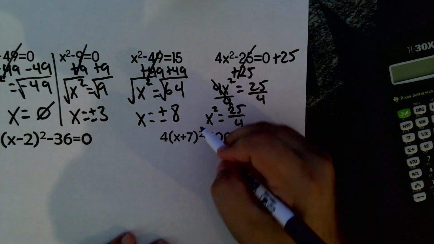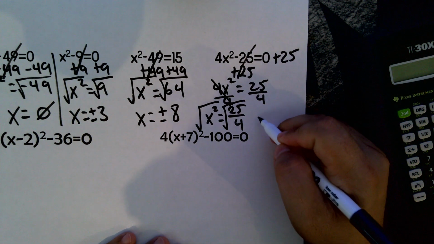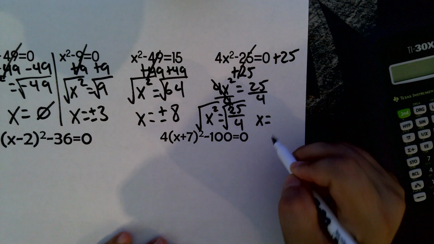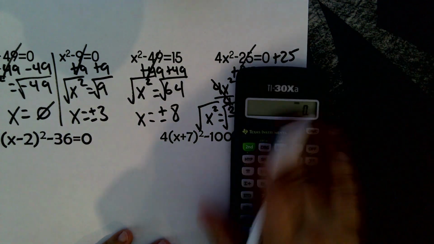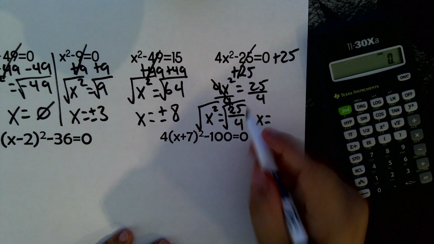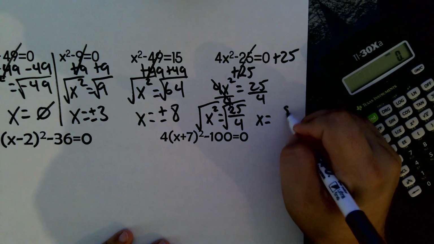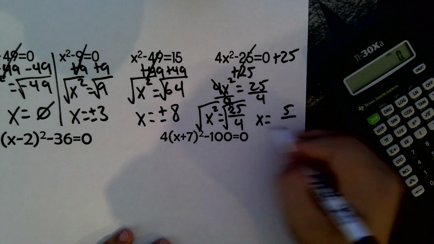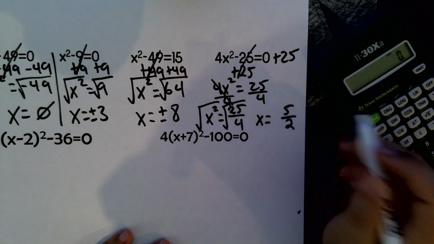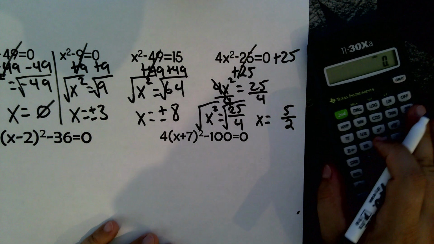And now when you take the square root of both sides to get the x by itself, this is like taking the square root of the 25 over the square root of 4. The square root of 25 is 5. The square root of 4 is 2. So you should end up with 5 halves, or you might end up with a decimal on your calculator.